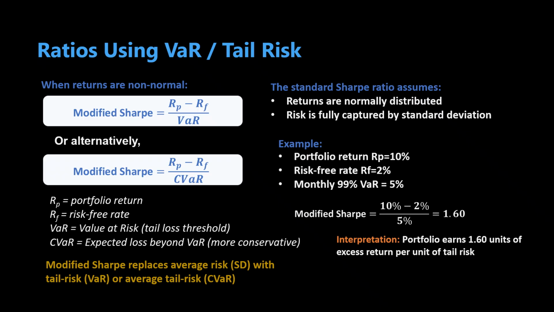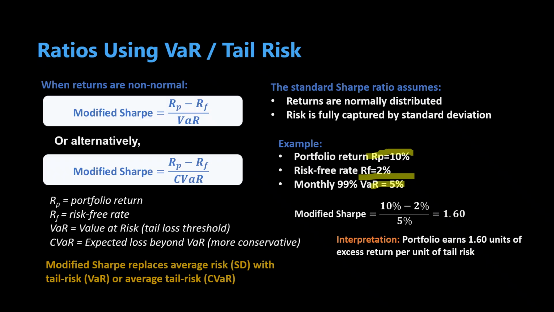CVaR is the more conservative choice as it measures the average loss beyond the VaR threshold, not just the threshold itself. In the example here, the portfolio return is 10%, the risk-free rate is 2%, and the monthly 99% VaR is 5%.